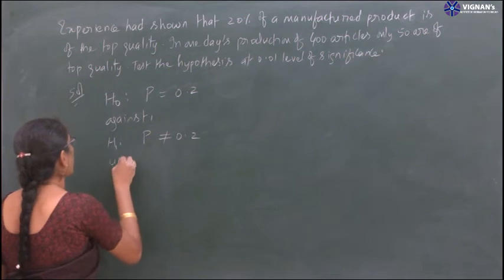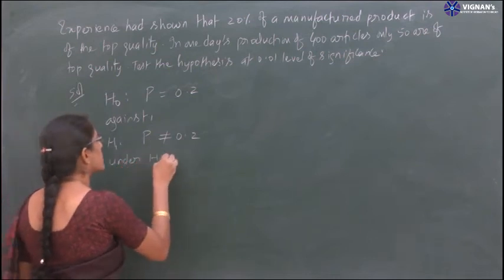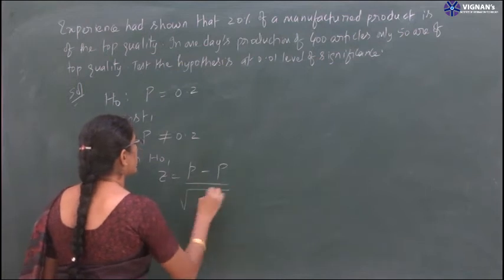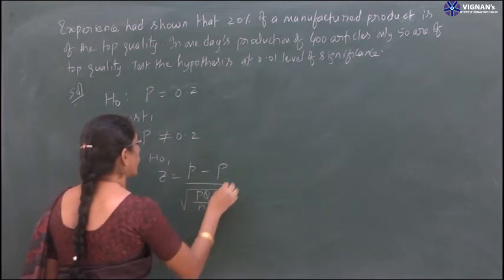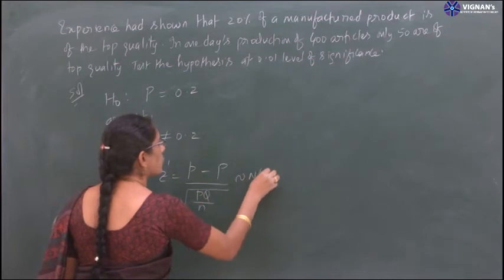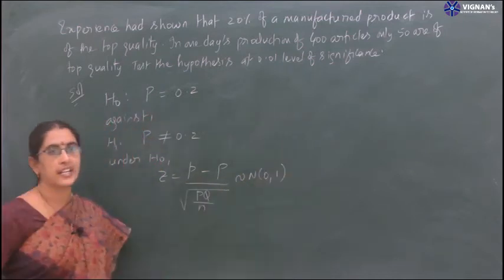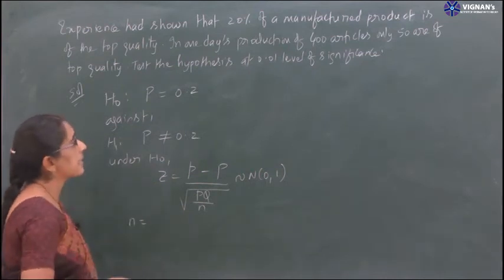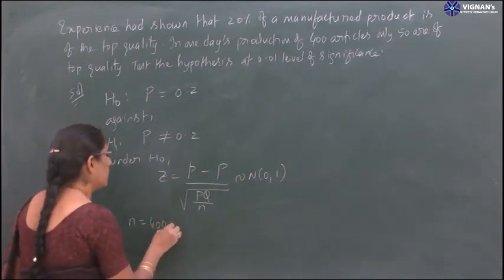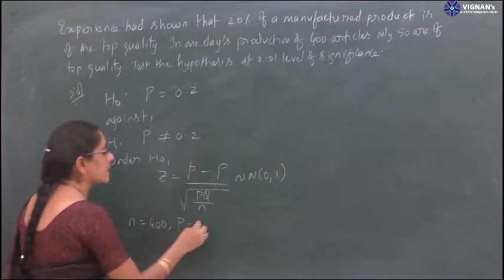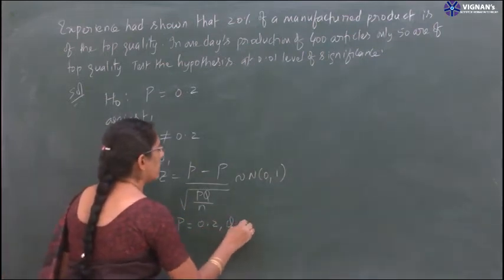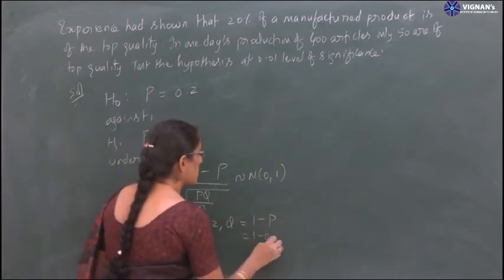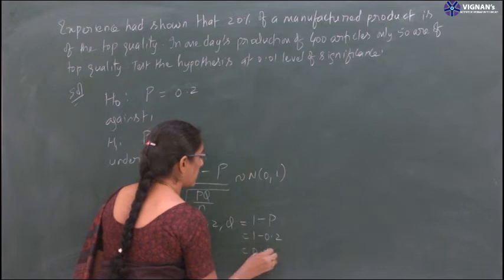Then under the null hypothesis, the test statistic is Z equal to small p minus capital P by square root of capital PQ by n, which follows a normal distribution with mean 0 and variance 1. Now see the given data here. The sample size is 400. The population proportion is 0.2. That means capital Q is 1 minus P, so 1 minus 0.2 is 0.8.